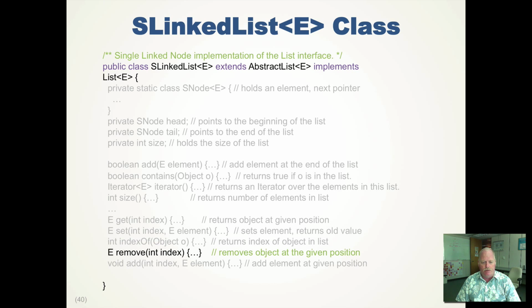Remember its value before we do it, and then return the old value. Add: again, we traverse to index minus one, create a new node, set up the pointers. All these methods with positions are big O of n because we have to traverse to index.